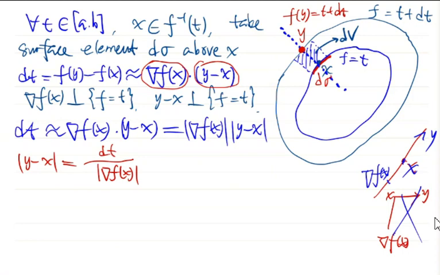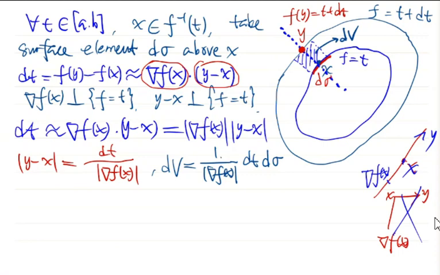So dv equals d sigma dt, 1 over the gradient of f. So this multiplying dt is the height, the norm of y minus x, and then we multiply d sigma, that is the volume of these small pieces of the volume.